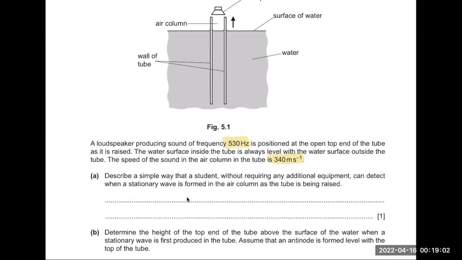Because you can't actually see the wave being formed. But there's one way to know whether a wave is formed or not, and that is that a relatively loud sound is formed. Loud sound is heard.